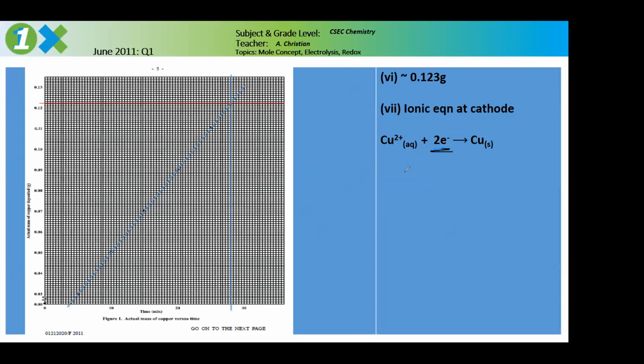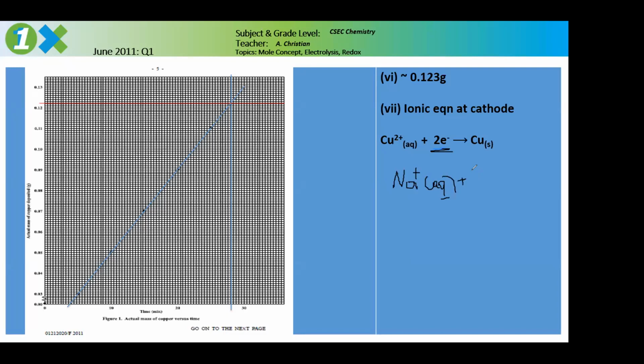So if it was not copper, let's say it was something else, like sodium. What is the charge on sodium? +1, because it is in group 1. That would be aqueous.